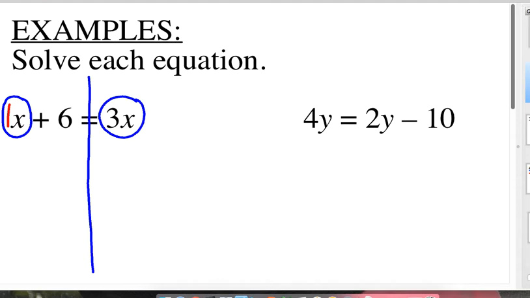When you have variable terms that are like terms, but one's on the right side of the equal sign and one's on the left side of the equal sign, somebody's got to move. You've got to get your like terms together on the same side of the equal sign. So I either have to take that whole 1x term and move it over to the other side, or I have to take the 3x term and move it over to the other side.